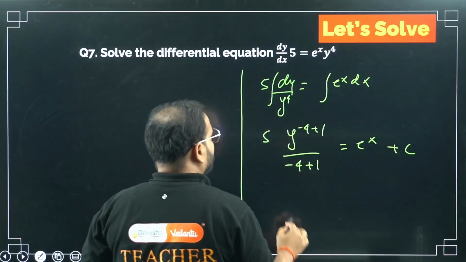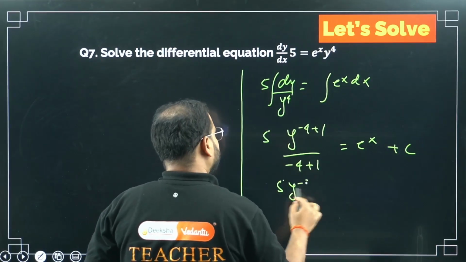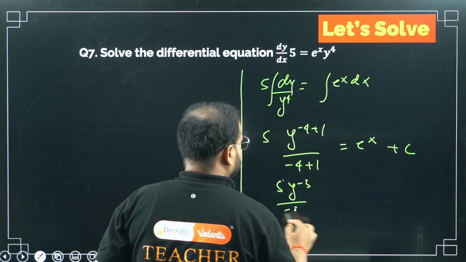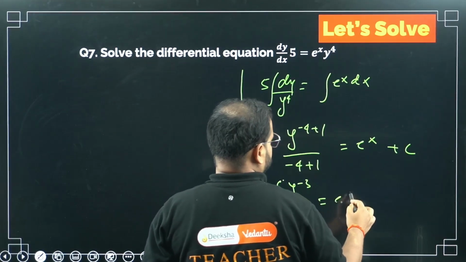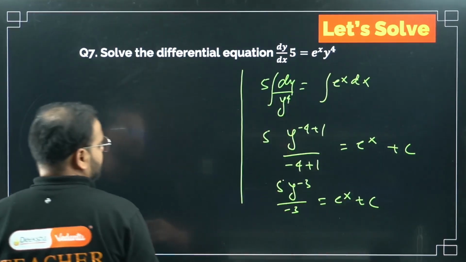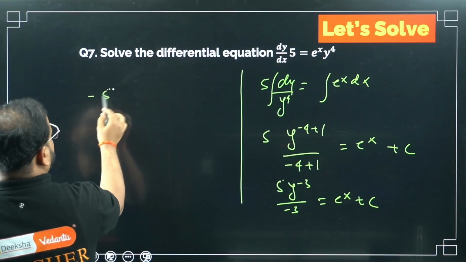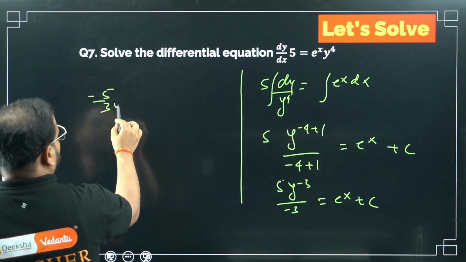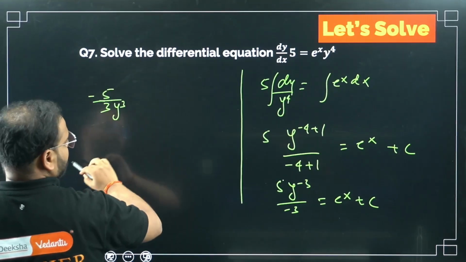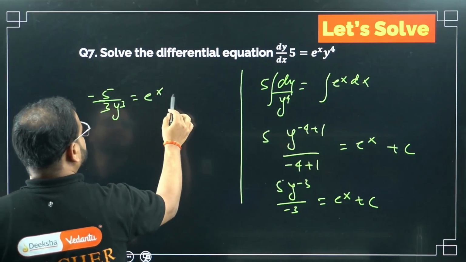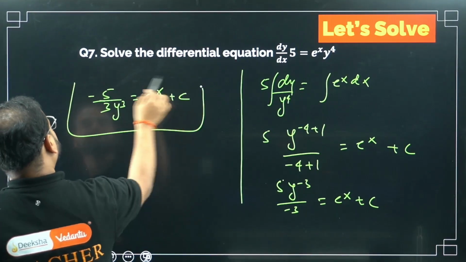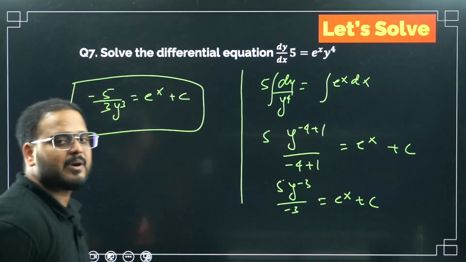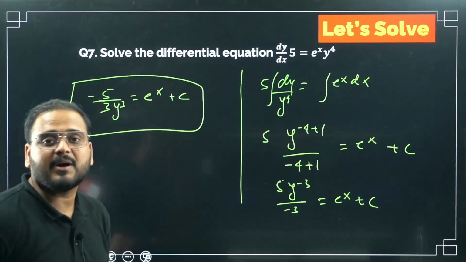What is the answer? 5 y^(-3) over -3, simplify this: -5/(3y^3) equals e^x plus c. Final answer: -5/(3y^3) equals e^x plus c.